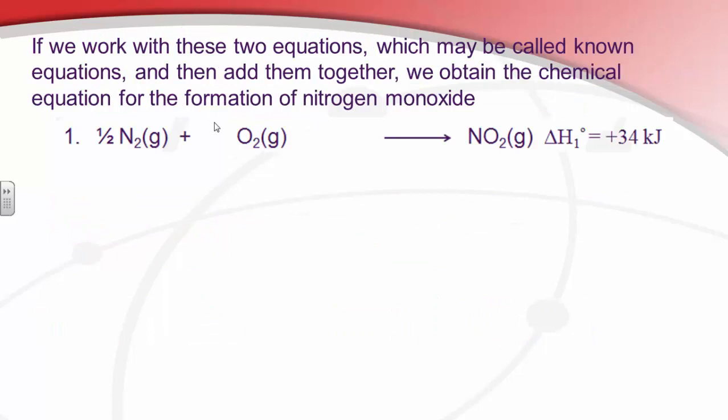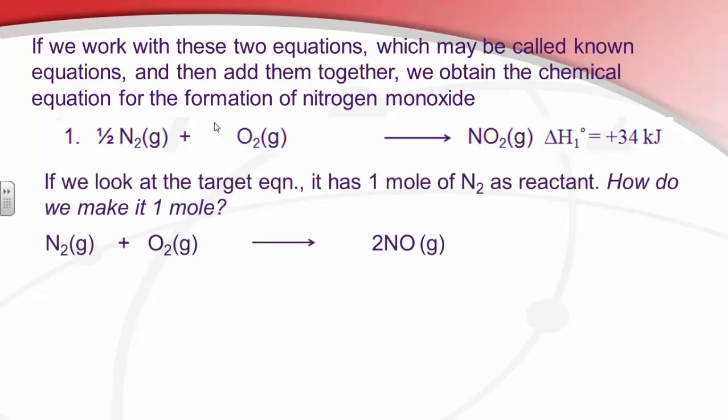Now our challenge becomes to manipulate these 2 equations, then be able to add them together to get the chemical equation for the formation of 2 moles of nitrogen monoxide. So if we look at this equation first, this will give us a context for what we need. Our target expression needs 1 mole of nitrogen. Our known expression only has half a mole of nitrogen.